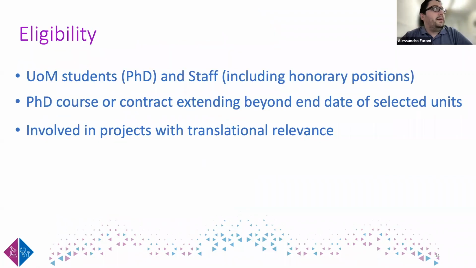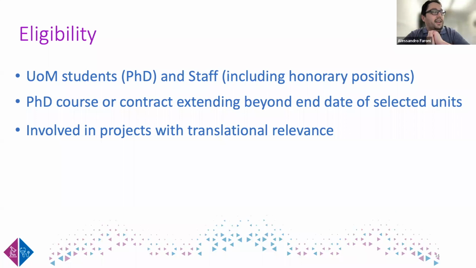In terms of eligibility, you should be a University of Manchester PhD student or staff at any level. This includes any honorary position at the university. Your PhD course or your contract with the university should extend beyond the end date of the selected units, because we will be following up to see how participating in the scheme has helped you progress in your research.